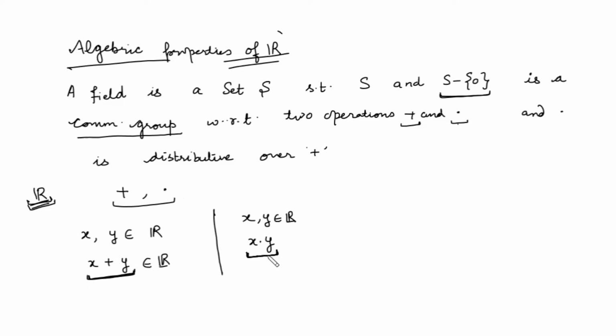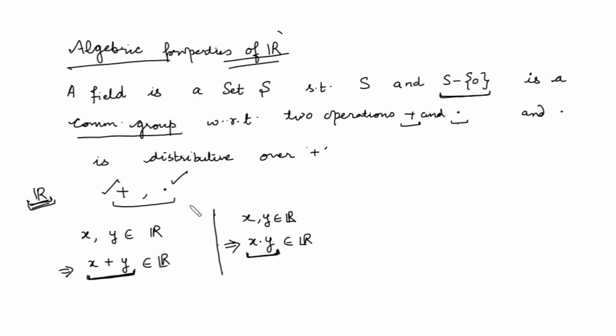After multiplication, you will have a new number which is also a real number. So if these two conditions hold, it means the operations addition and multiplication are defined on the set of real numbers, or the set of real numbers is closed under the binary operation addition as well as multiplication.